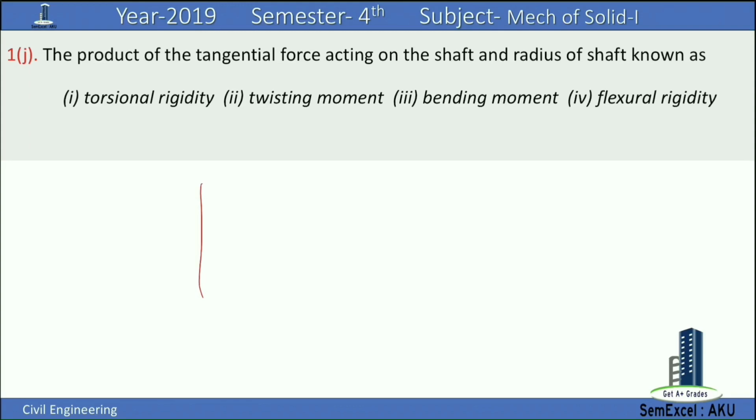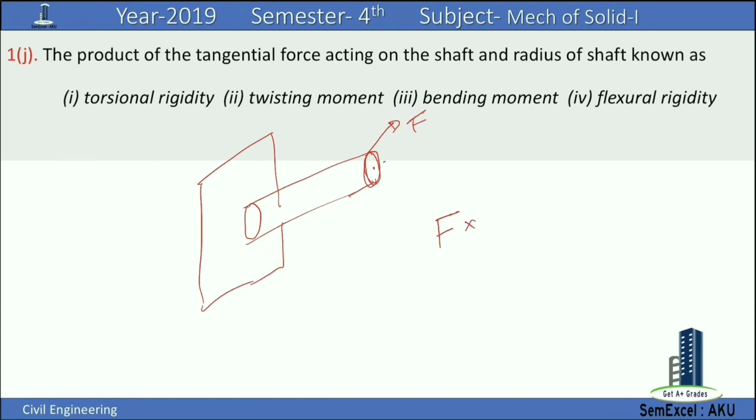Let's say we have a shaft fixed on a wall, and there is a tangential force, let's say this force is F. This force F into this radial distance R is known as the torque, or this is also known as the twisting moment. So the second option is the correct option, twisting moment.